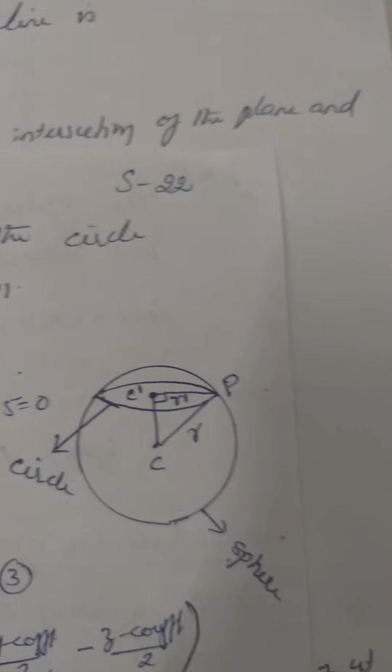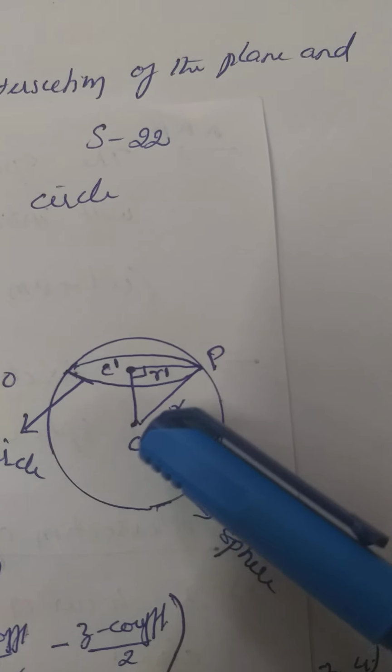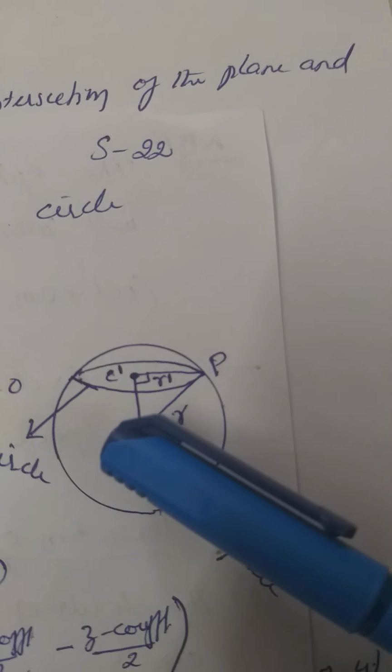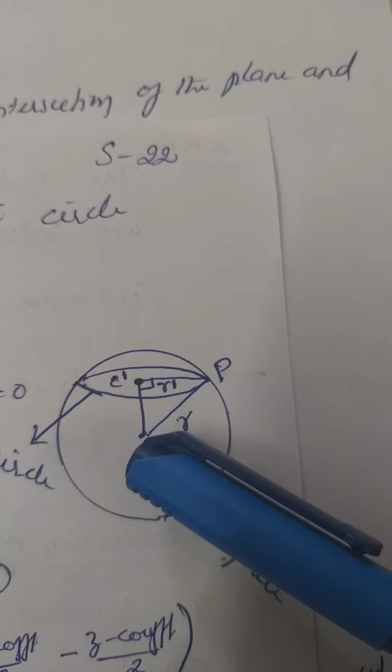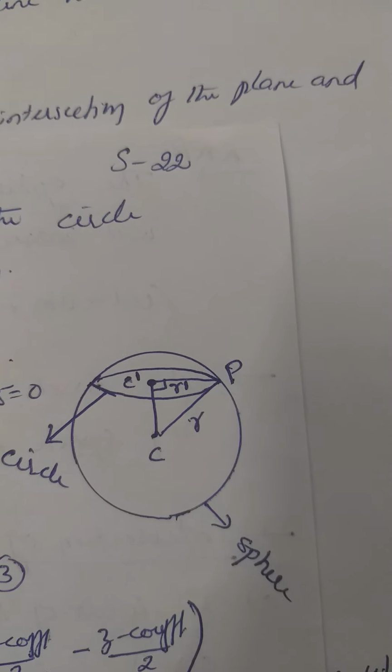Now we need to find the radius of the circle. Radius of the circle is, from the diagram, what? C dash P, right? From the triangle, this is the hypotenuse. Hypotenuse square is equal to CC dash square plus C dash P square, right?